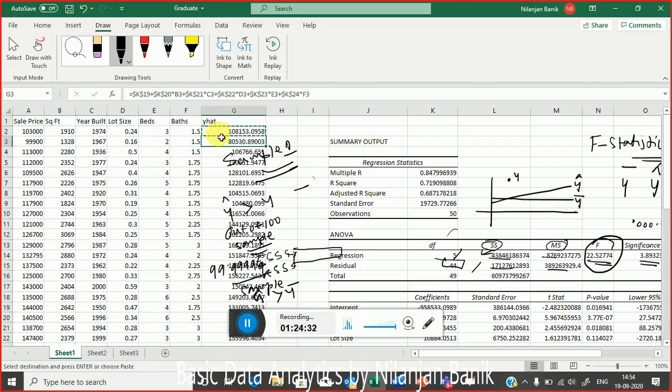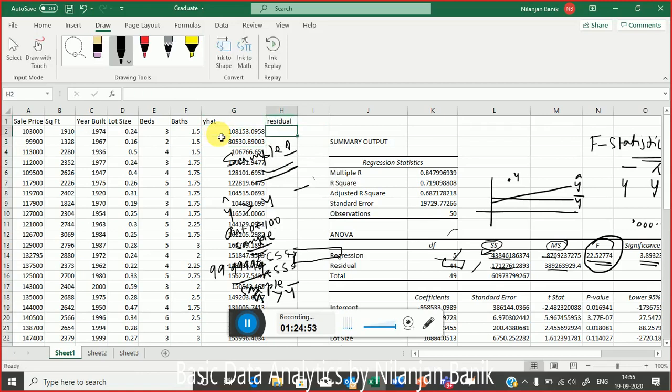Let's say in another society, personal, एक्चुअल प्राइस ये है, but according to your data the price is coming this, you know. So what is the error is basically residual. क्या होगा?